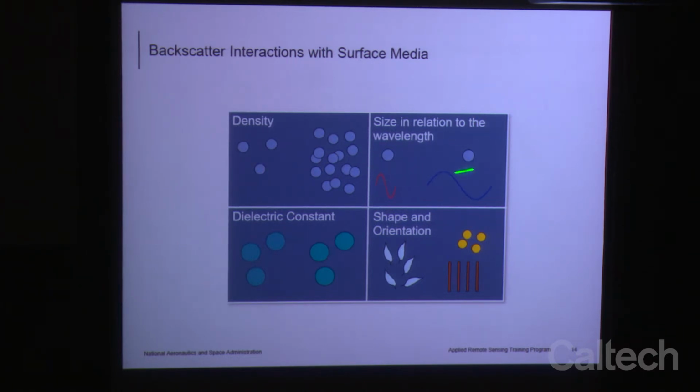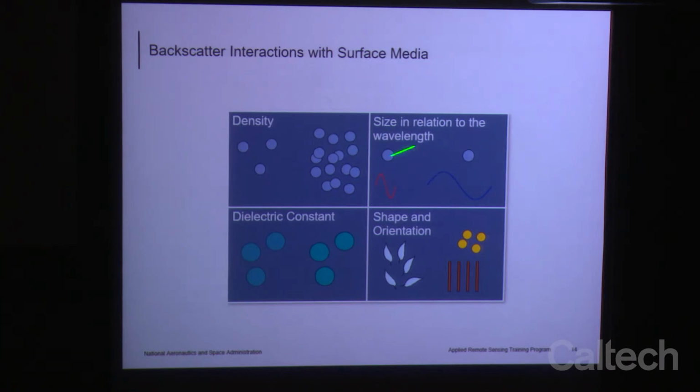When we talk about using different wavelengths, and how the microwave energy interacts with the medium, you're really talking about the size of the scatterers relative to the wavelength. So small scatterers, leaves, those sorts of things, will have a minimal effect at large wavelengths, but a big effect at short wavelengths.